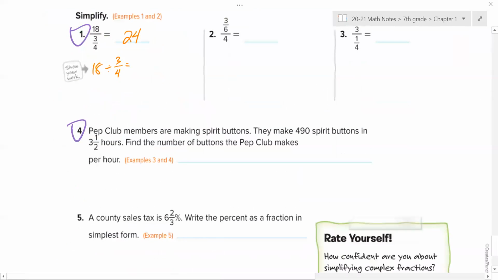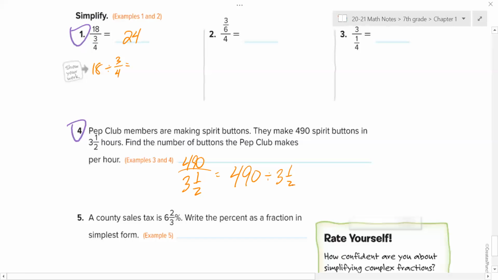The Pep Club members are making spirit buttons. They make 490 spirit buttons in 3.5 hours. Find the number of buttons the club makes per hour. So we're finding a unit rate. So we have 490 divided by 3.5.